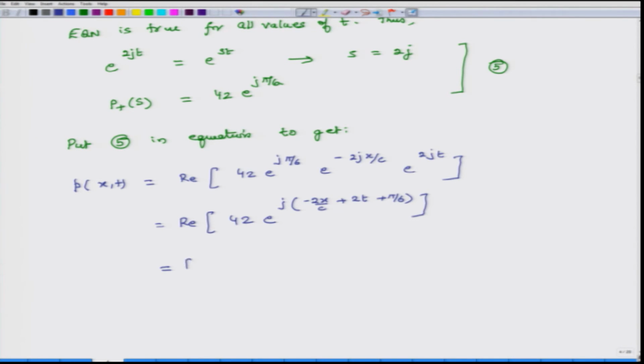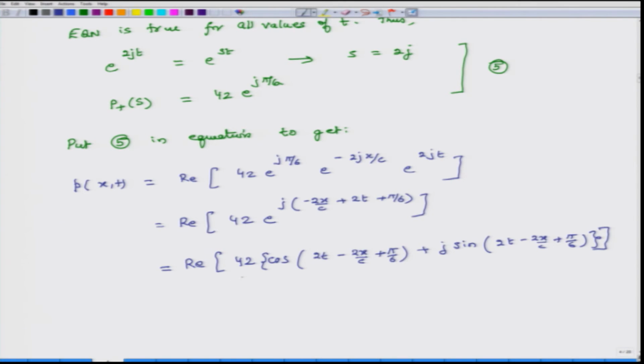So, that equals real of 42, and this is e to the power of j something. I can resolve it into a cosine component and a sine component. So, it is cosine of 2t minus 2x over c plus pi over 6, plus j times sine of 2t minus 2x over c plus pi over 6.